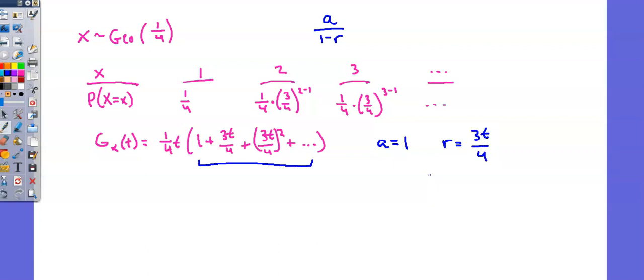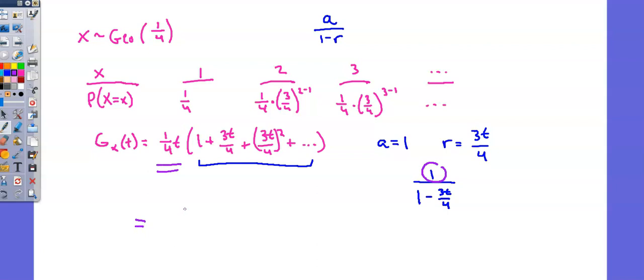I can write that in the a over 1 minus r form as 1 over 1 minus 3t over 4. And in my complete probability generating function, I need to multiply by the 1 over 4 t outside of the brackets.